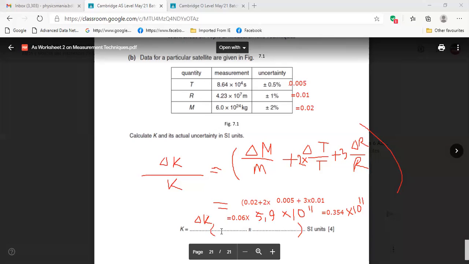Okay, so here you write 5.92. After decimal you have 2, and then we have 5.92, then 0.36.